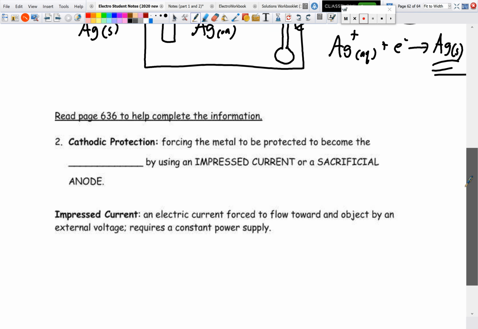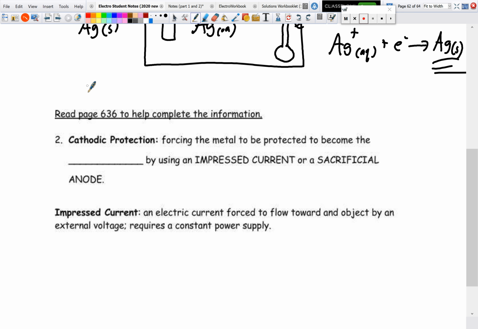Now, other ways to protect certain objects, of course, putting coatings on certain things will definitely help, but another way we can do it is something called cathodic protection. Now, cathodic protection, remember, reduction happens at the cathode. So having cathodic protection, we're forcing the metal to be protected by becoming the cathode, by using an impressed current or a sacrificial anode.